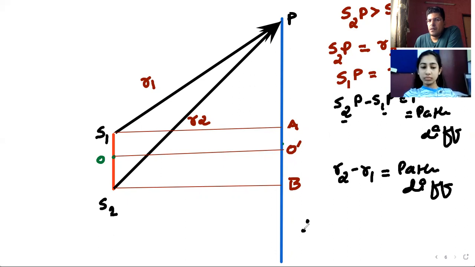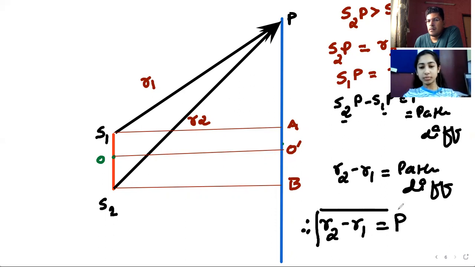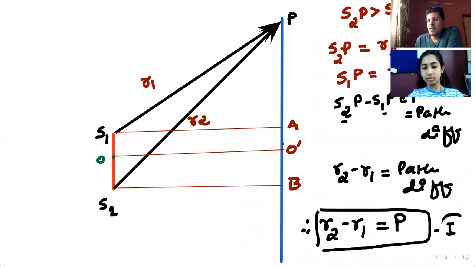In the previous theorem we just named it P. In the next theory we will place its value, but first of all we will put it as expression number one. Now my question is that we need to find the value of R2, that is, the value of S2P.